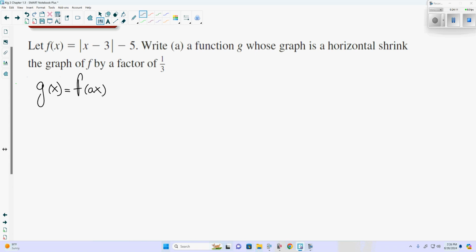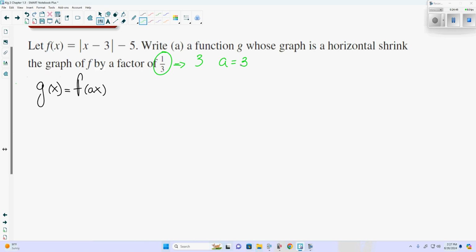Horizontal stretch and shrink, we have to be careful because the factor of a is not going to be the number they give us. It's going to be flipped. Anytime we have horizontal stretch or shrink, we have to flip the factor that it tells us. Well, what happens when I flip 1/3? We get 3 over 1, or 3. So our value of a is 3. Okay?